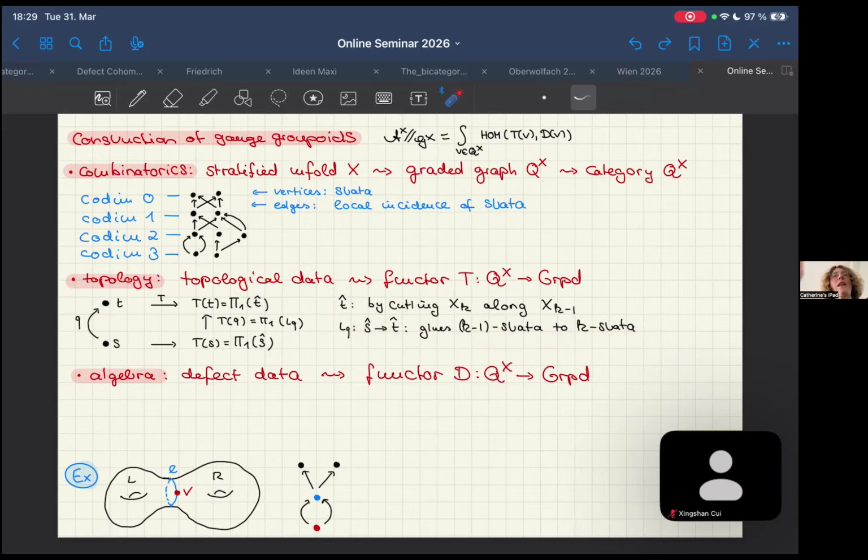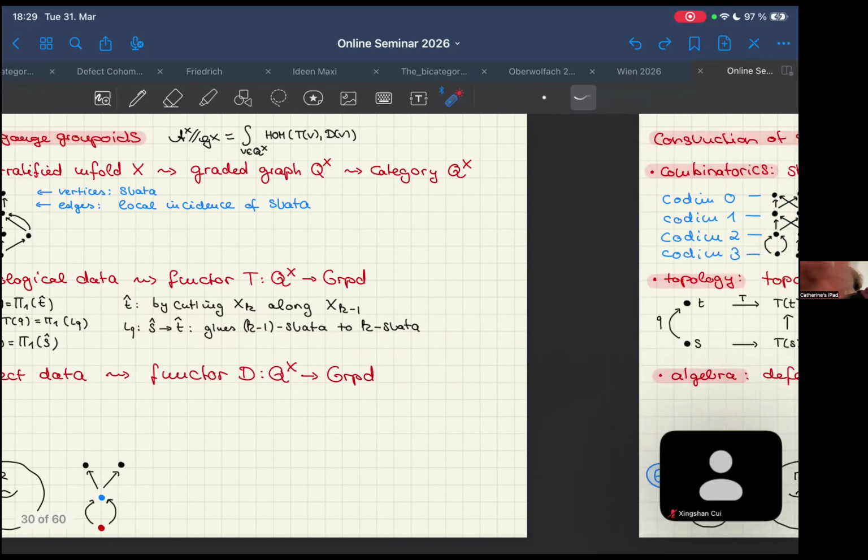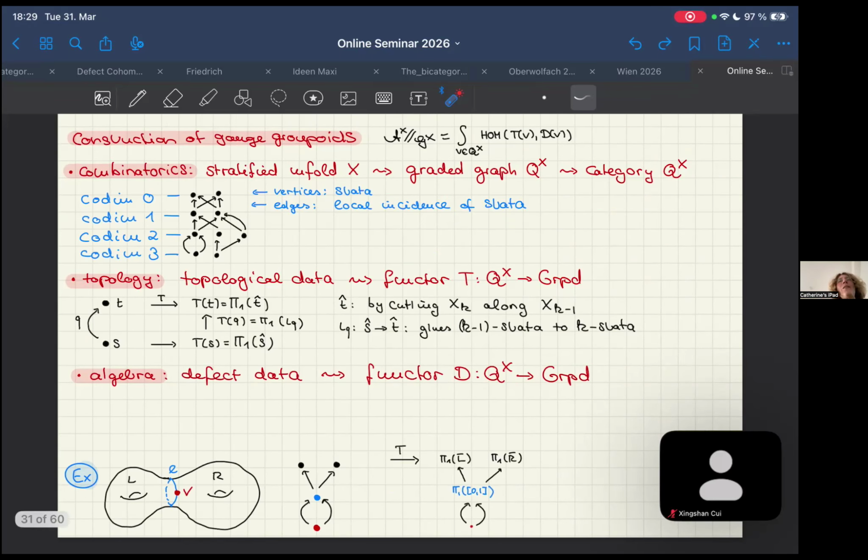So how does it look in the example? So in the example, the spaces associated to the left would be all this, but including the edge. And the space associated to the right would be all this, including the edge. So here we can take the closure of the left and the right.